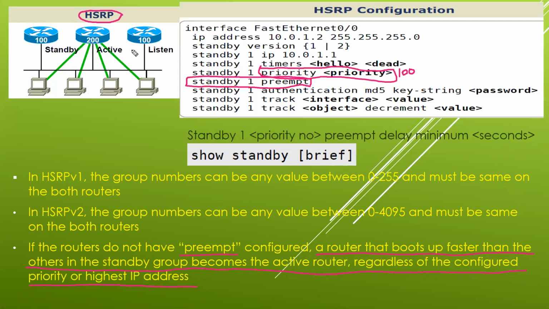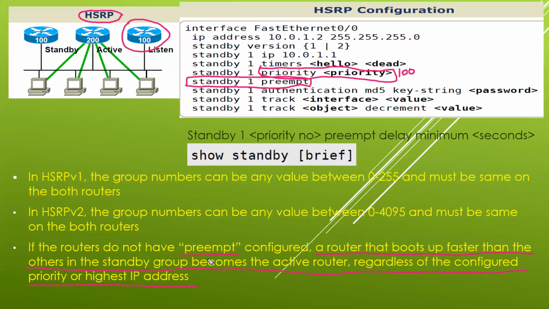Even though this router has the highest priority, if there is no preempt command, it cannot forcefully take control. It depends on the priority command, and the priority command also depends on preempt, because even though priority is higher, if there is no preempt, it cannot do anything.